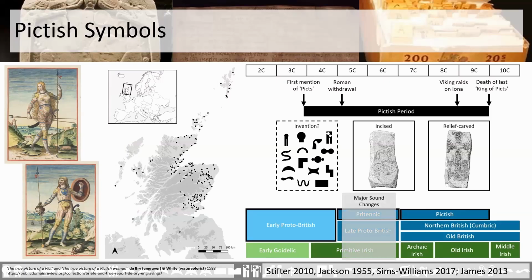So some major sound changes occurred in the 5th and 6th centuries that differentiate the earlier varieties and what we call the Neo-Celtic languages. And I think it's interesting to think about the fact that if we imagine the invention of the symbol system was in the 4th, 3rd century, it would have had to straddle this major grammatical, typological interval, just as we know is the case for the Ogham writing system.